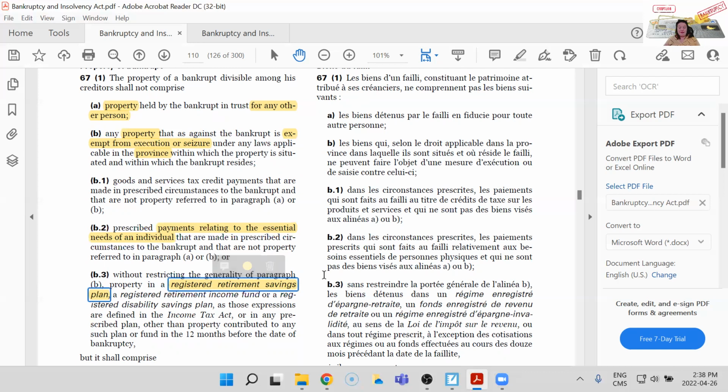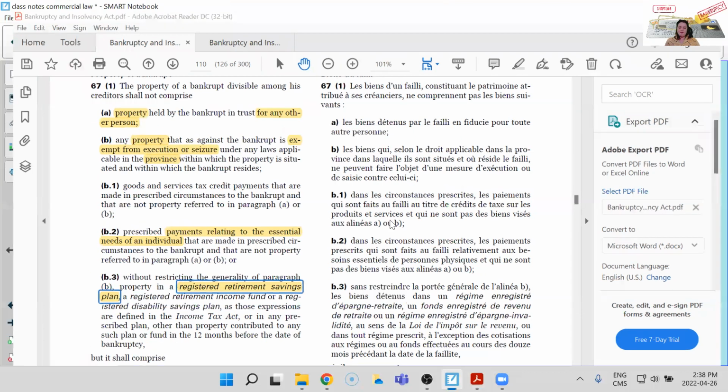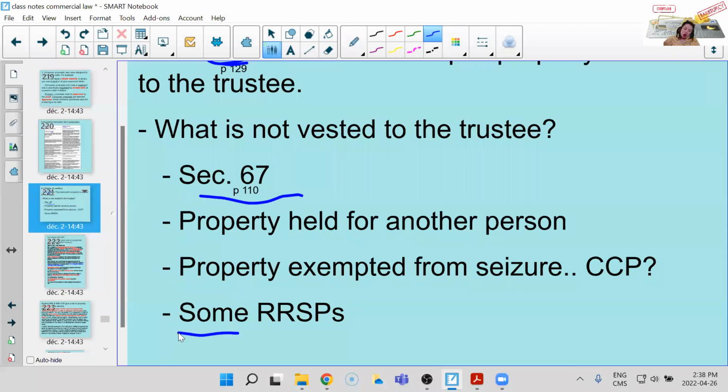Some are RSPs, not all of them. It depends on what type of RSP it is, but some are exempted. If they're exempted from seizure, they're automatically exempted from bankruptcy. So we would need to check to see if a particular RSP is exempted from bankruptcy. That's why I said some RSPs.